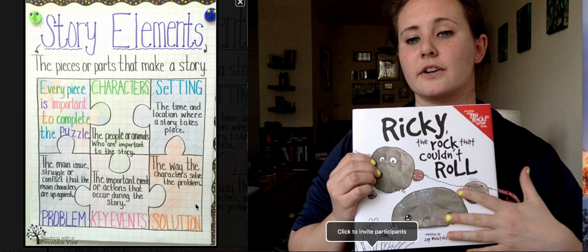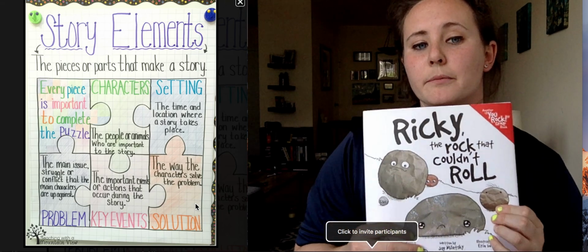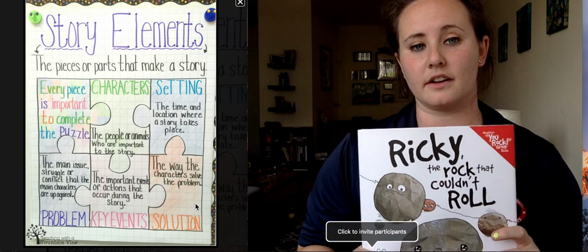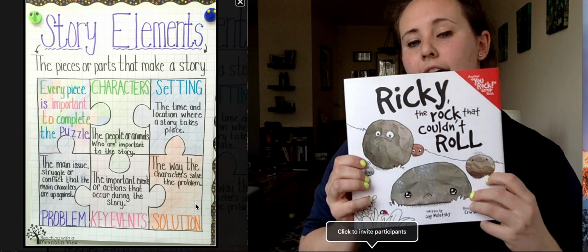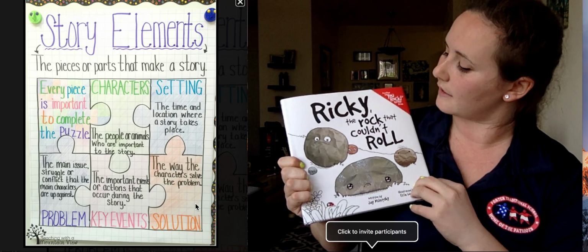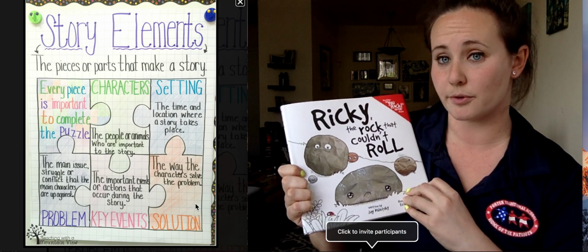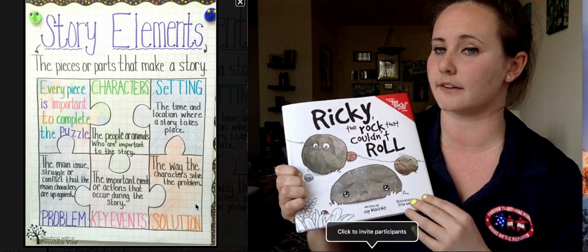So, the last thing we'd like to talk about before we get going is our key events. So in our story, and in most stories, we have important things that stick out. So let's try to think of 3 important things that happened in our story, Ricky the Rock That Couldn't Roll. I'll give you a minute to think about your 3 important things.